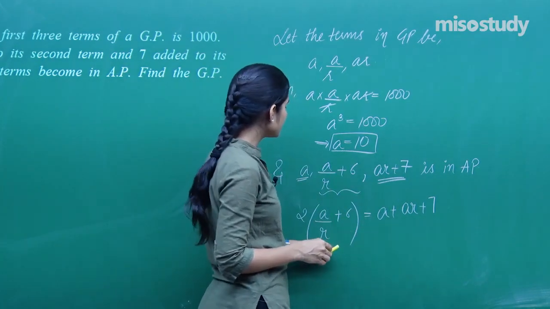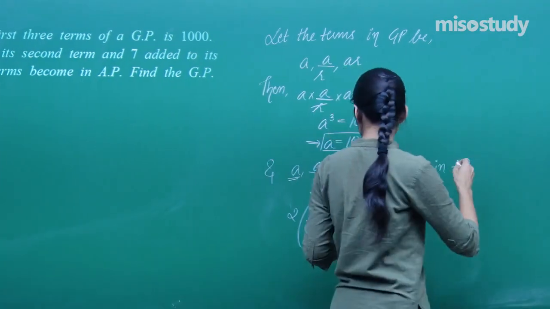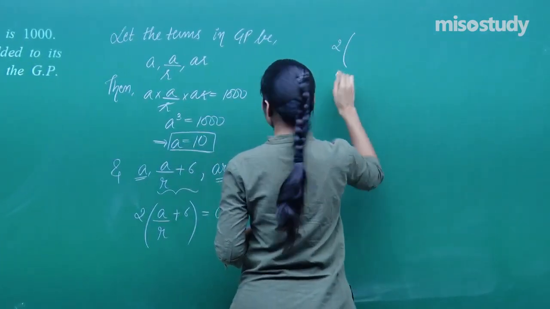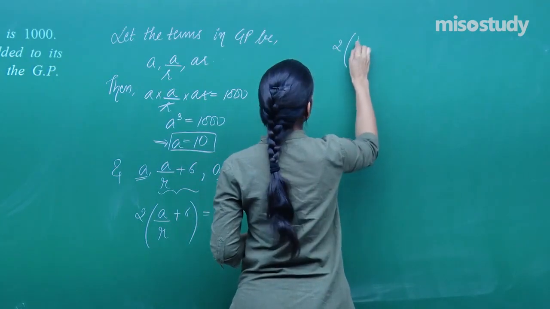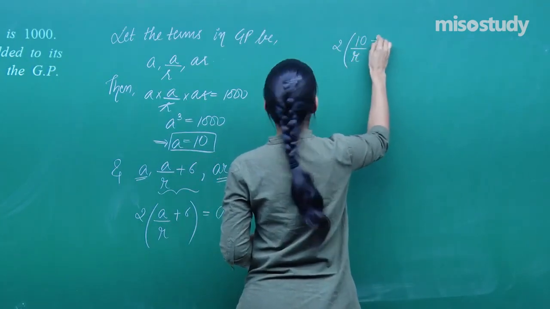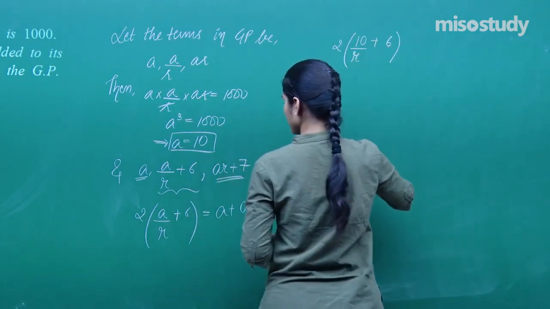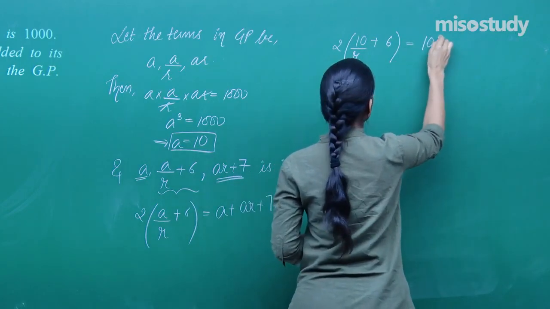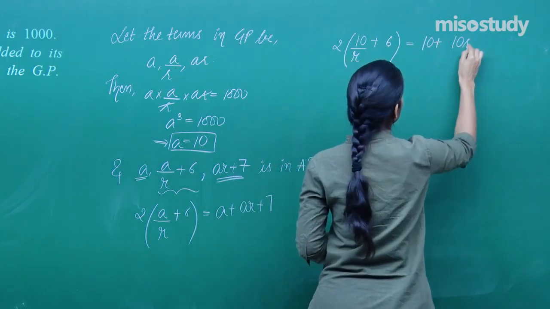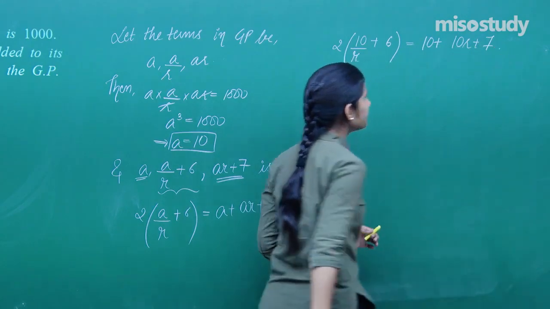So twice of the middle term is the sum of the first and the third term. So here you have twice of 10 by R plus 6 equals 10 plus 10R plus 7.